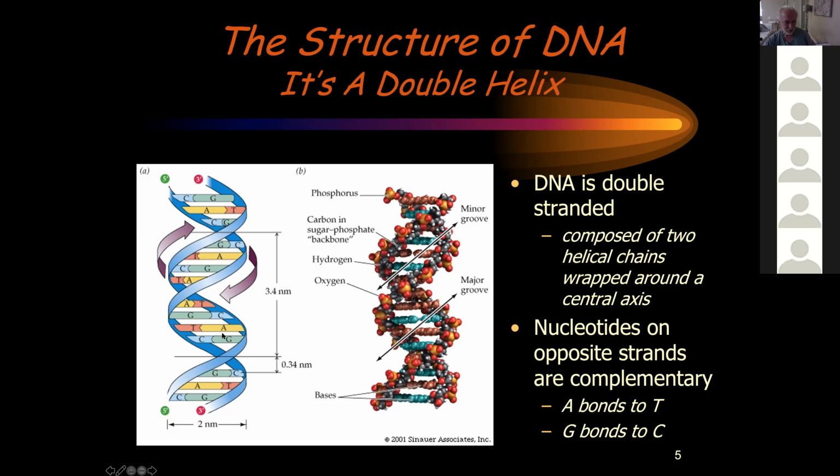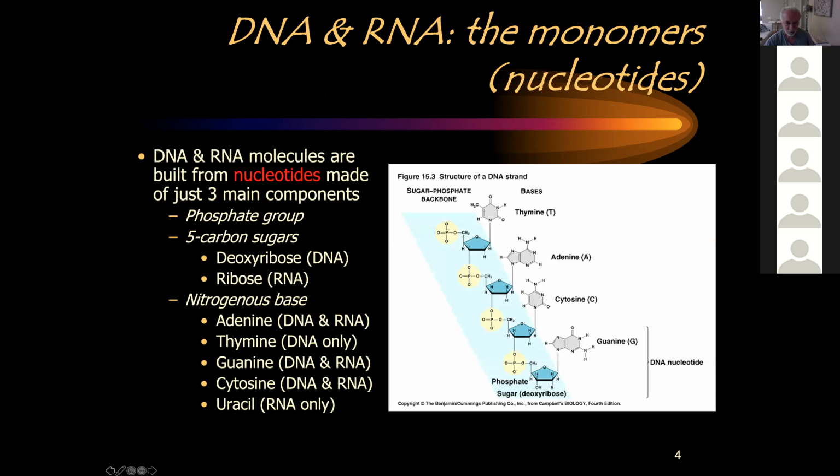And it's important to emphasize here that these A's and T's and G's and C's are joined by hydrogen bonds. Remember, we spent a lot of time on the importance of hydrogen bonds, and they are weak bonds, whereas the other bonds joining nucleotides are covalent. They're strong bonds. So joining a phosphate to a sugar, that's a covalent bond.